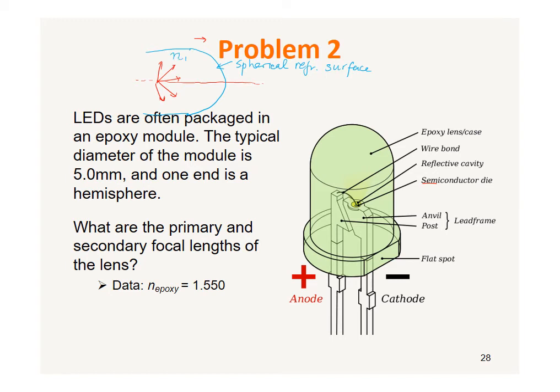We've got a refractive index on that side, N1, and the refractive index on the outside is N2. You know what that value is. We've got the diameter of the module, so this is going to be the diameter of the sphere as well, is 5 millimeters, so you can work out the radius from that. So you've got refractive index, you've got radius of curvature. You can now work out the primary and secondary focal lengths of the lens.